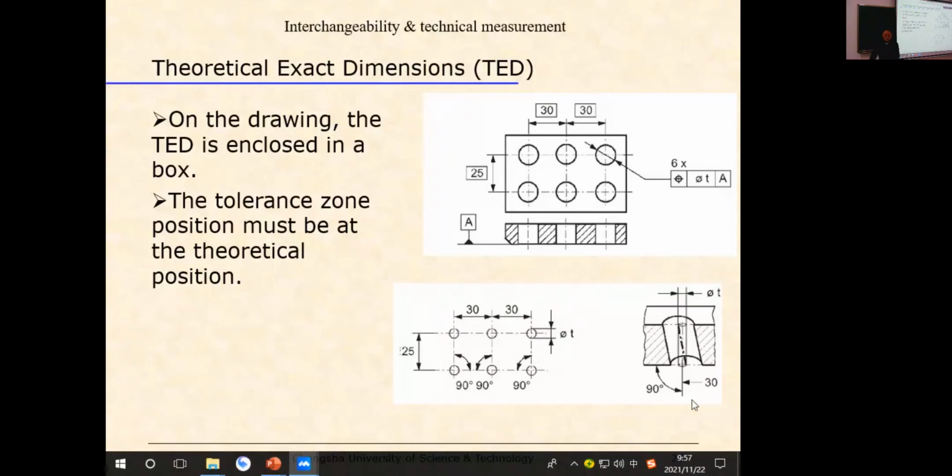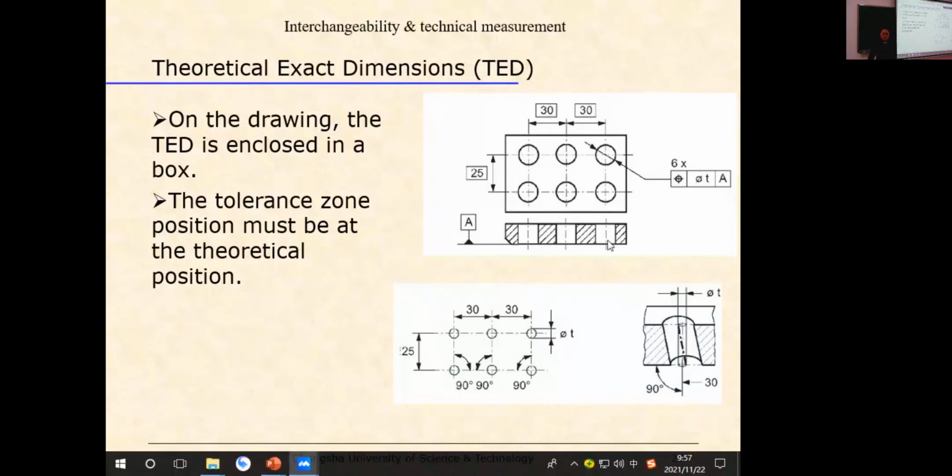Like this 90 degrees to this surface. And this phi is T. So this is cylindrical. The cylinder is perpendicular to this surface.